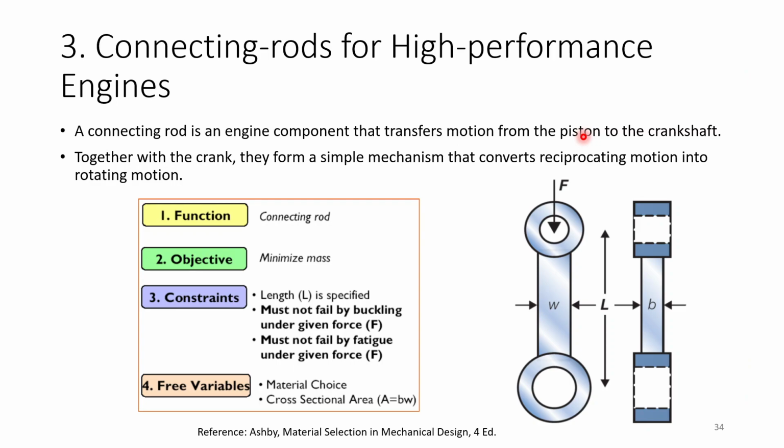Next problem statement is connecting rods for high performance engines. A connecting rod is an engine component that transfers motion from the piston to the crankshaft, and together with the crank they form a simple mechanism that converts reciprocating motion into rotating motion.